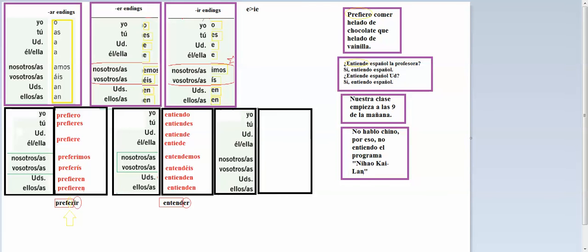Okay. The next verb that I'm going to look at is empezar. Okay. Nuestra clase empieza a las 9 de la mañana. So our class starts at 9 in the morning, and empieza comes from empezar, which is an AR verb.